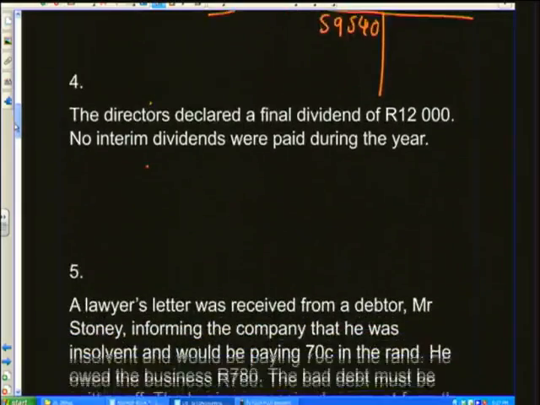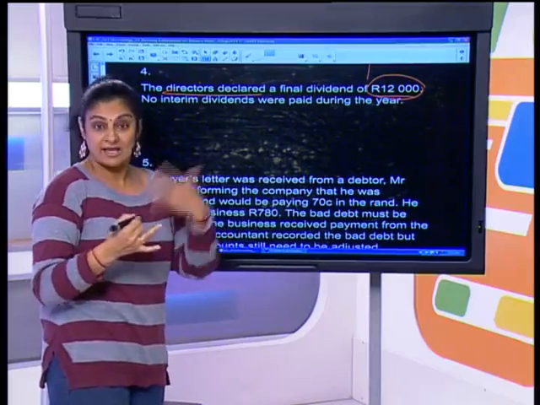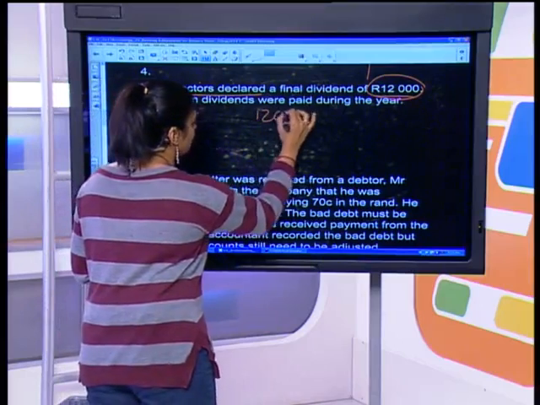Let's now move on to adjustment 4. The directors declared a final dividend of 12,000 Rand. No interim dividends were paid during the year. Guys, it cannot get easier than this. They're giving you the actual amount. So the dividend has already been calculated for you, an amount of 12,000.